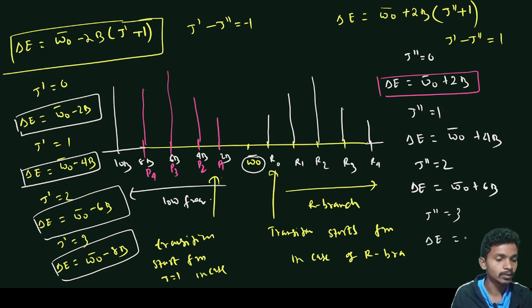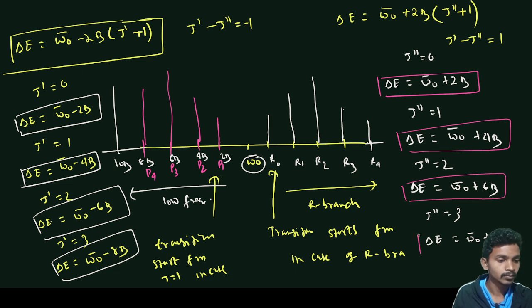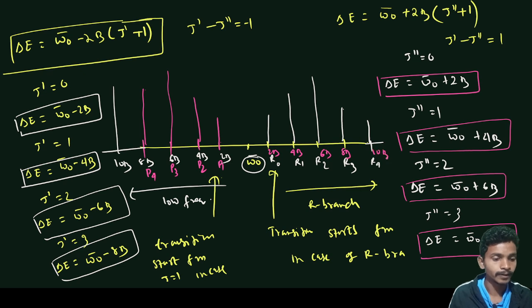Delta E is equal to omega naught, that is 3, 1 is 4, 8b. So these positive values we are getting: 2b, 4b, 6b, 8b, and 10b, like that.